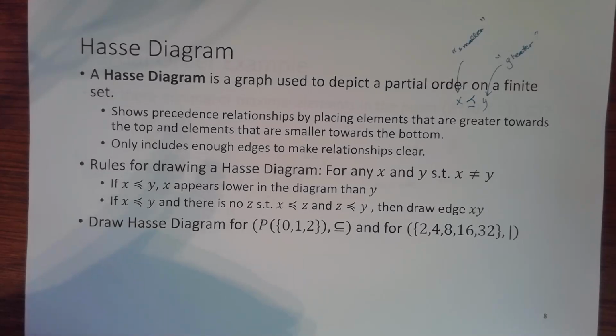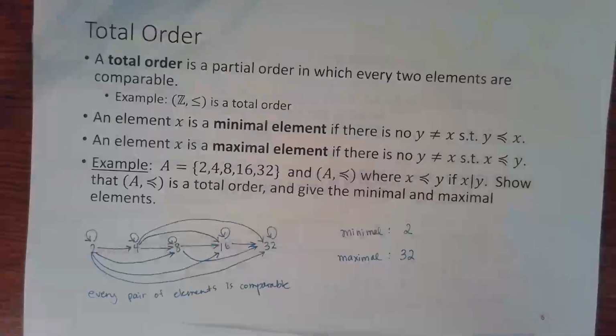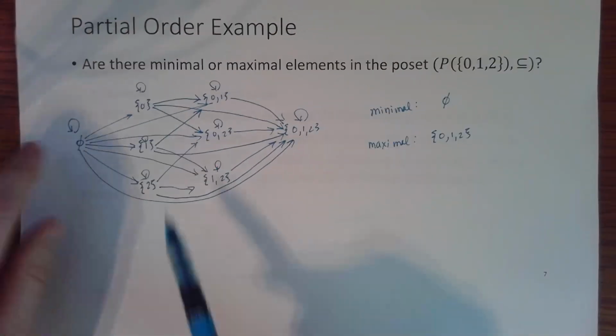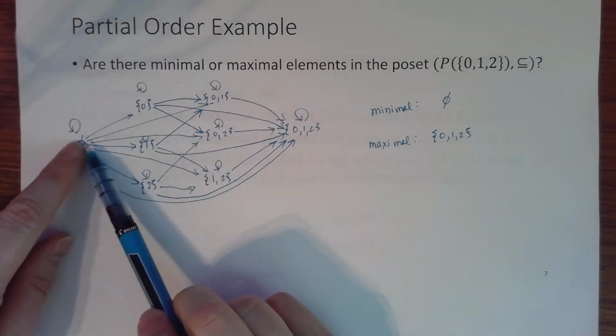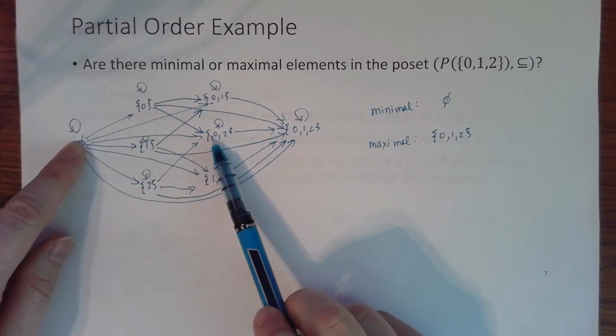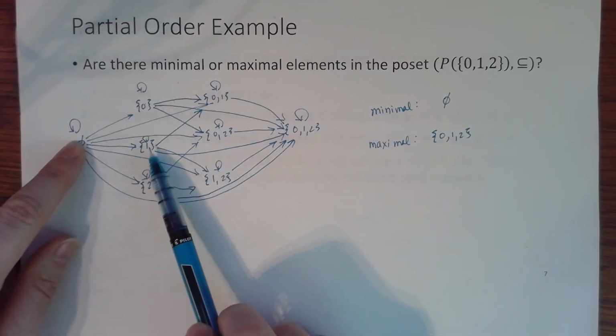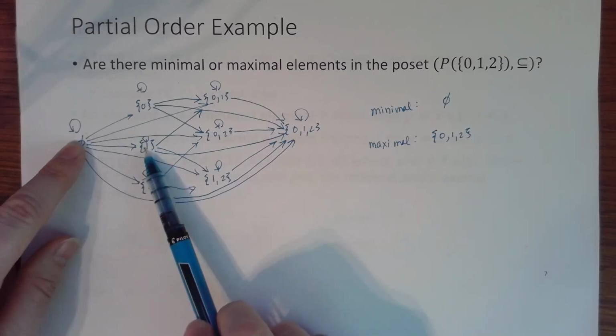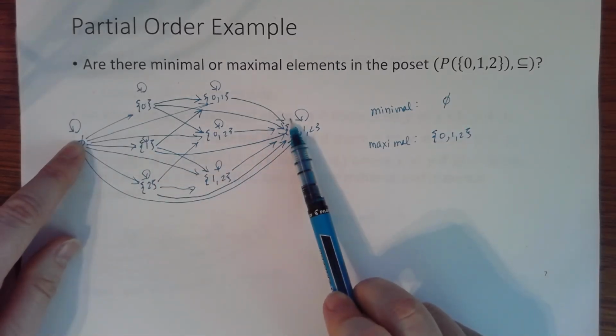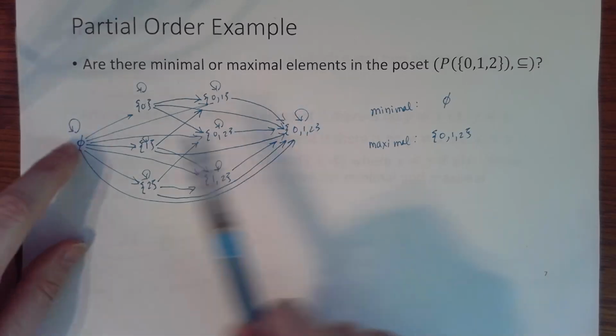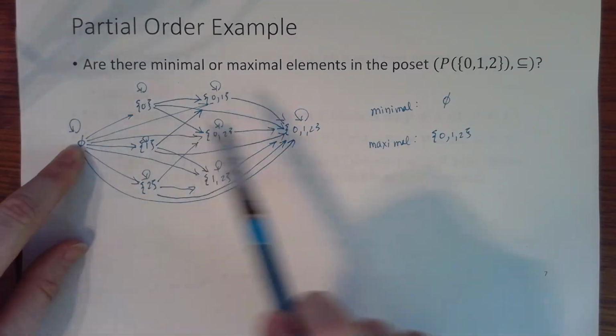It's clear to us that it's reflexive. There's no need to put them in there. We also know it's transitive. So, for example, if I've got an edge from the empty set to 1, and then I've got an edge from 1 to the entire set, by transitivity there's going to be an edge from the empty set to the major set.